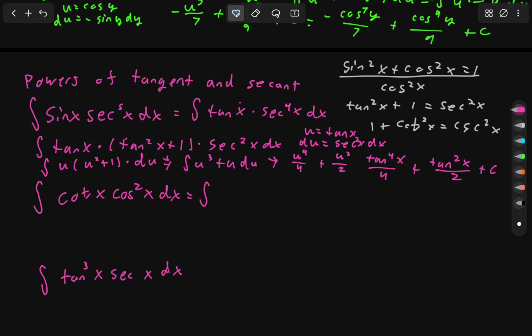So this is going to become the integral of, we're going to call this cosine of x divided by sine of x, a cotangent, times 1 minus sine squared of x dx. Sorry, I accidentally wrote that out wrong. It should be cosine of x because it's a cotangent. Well, let's expand this integral out.